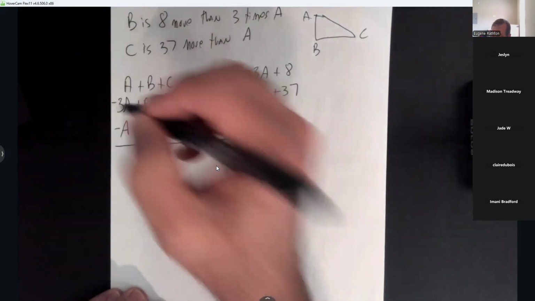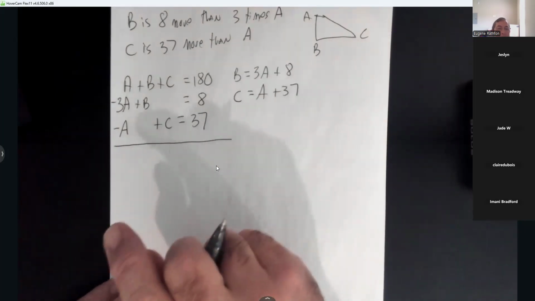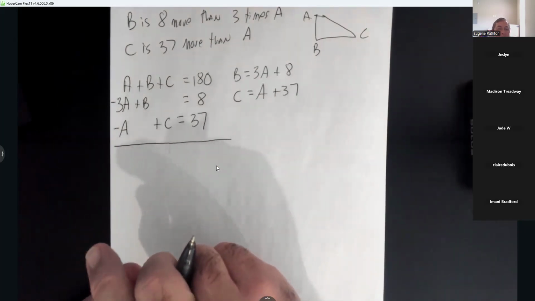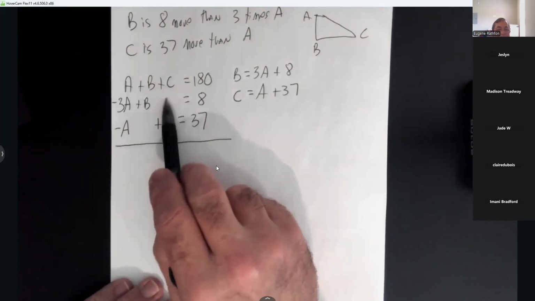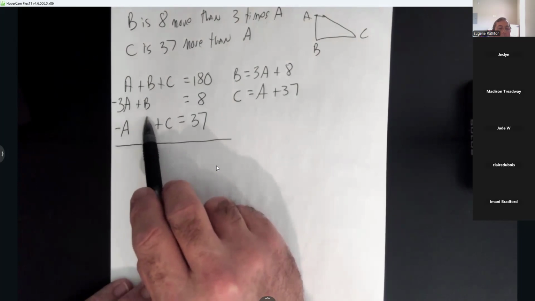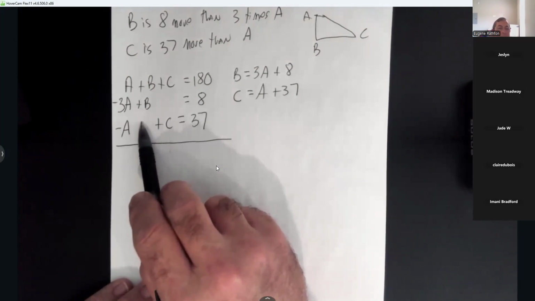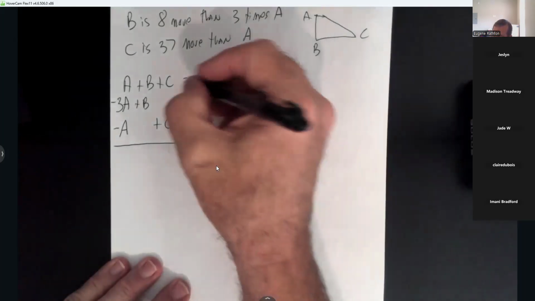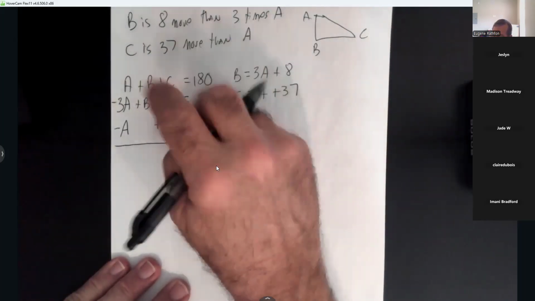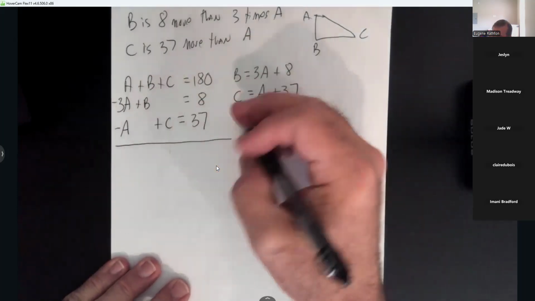So row 1, 2, and 3. So let me show y'all a trick on this one. I'm either going to eliminate the C since this one don't have it, or a B since this one don't have a B. Okay? So what I'm going to do is I'm going to eliminate the B.